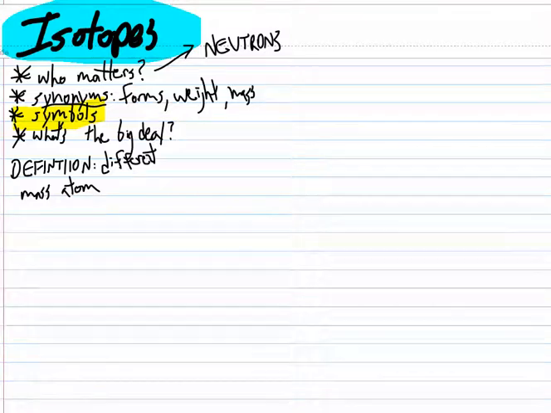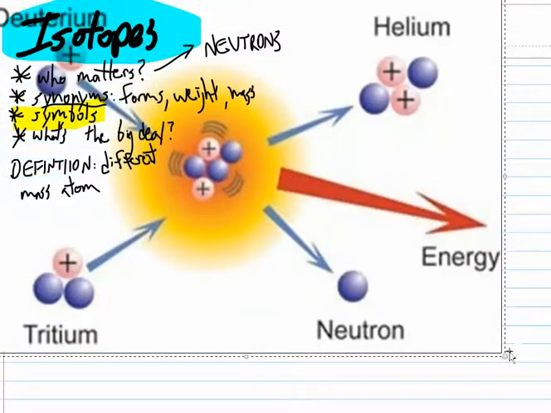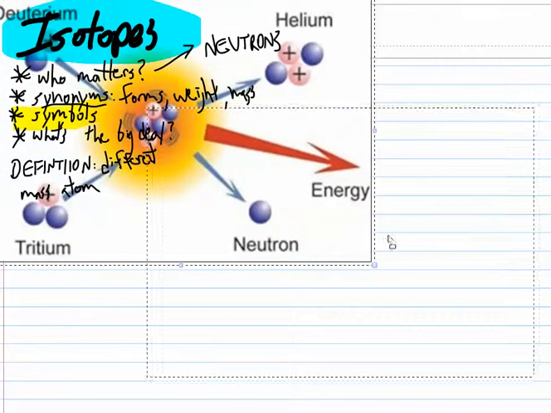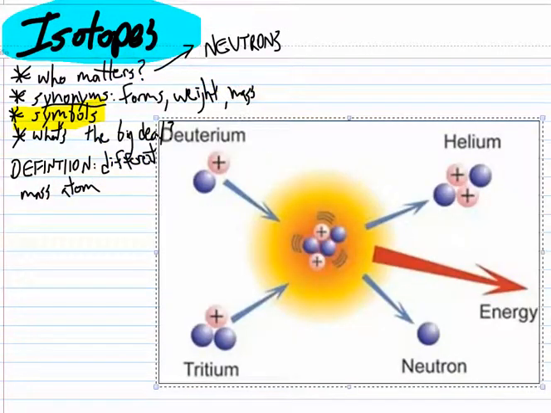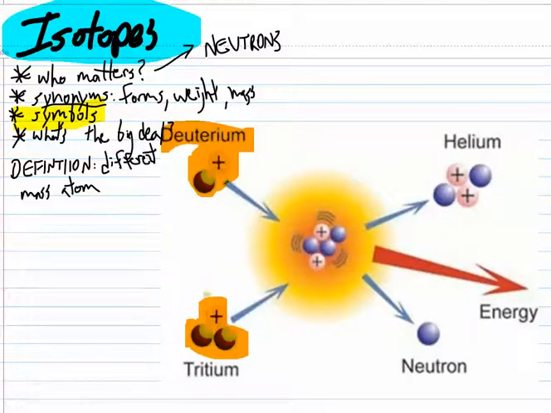Another reason to know about isotopes is maybe you're talking about stars, like our sun. How does our sun work? Well, our sun works based on hooking hydrogen atoms together to make helium atoms, and that's what gives us all of our sunlight. So if you look here, here's one proton. That's called deuterium. We don't really care about that. This one's got a proton, but it's got two neutrons, but it's still hydrogen, so that's called tritium.